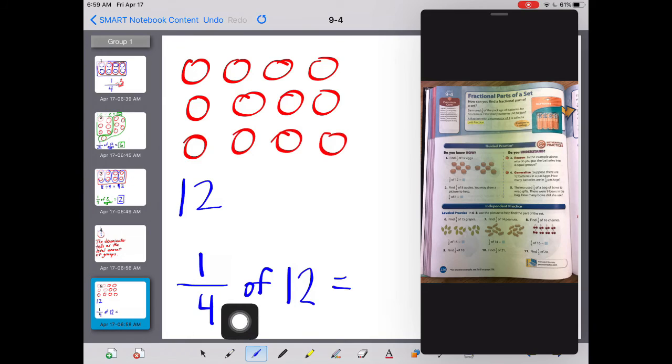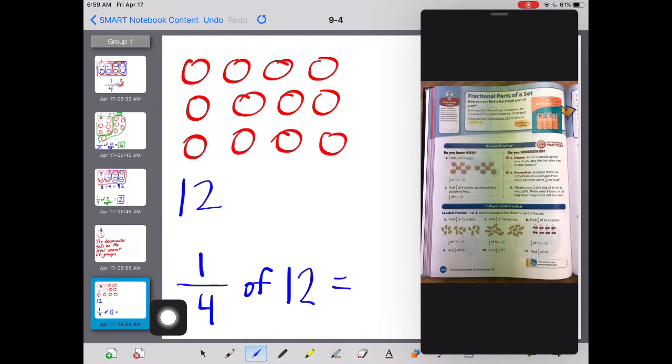So remember, we're looking at that denominator, and it says 4. So that does not match up to the 12 batteries. So we know the denominator now is not telling us the total amount of batteries. It's now telling us how many groups within the set we need to make.